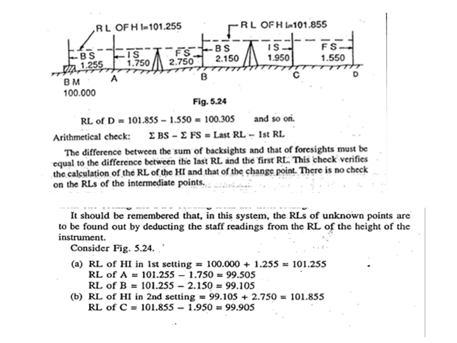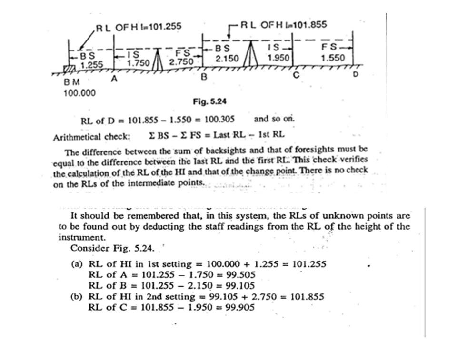And the BS for the second setup was 2.150. Previously from the first setup we have calculated RL of B. So to the RL of B, that is RL of CP, we add the backside reading to get the new RL of HI when the instrument was set up in between the stations B and C.